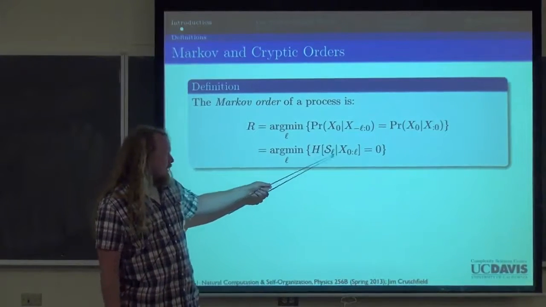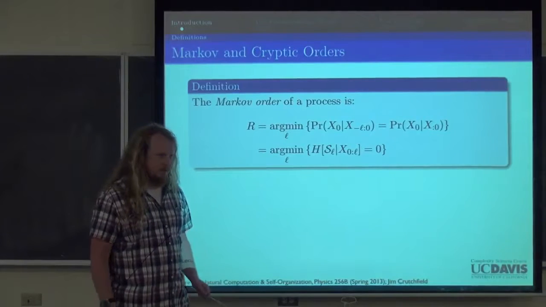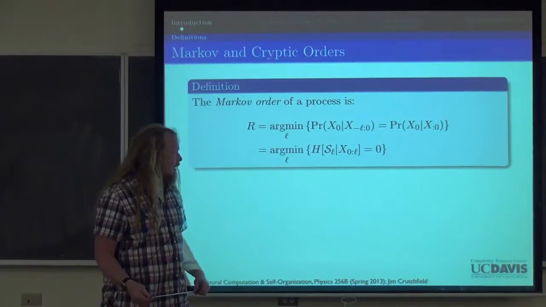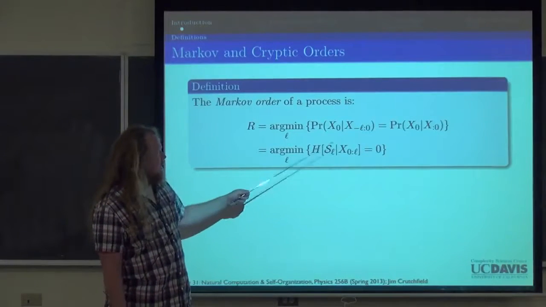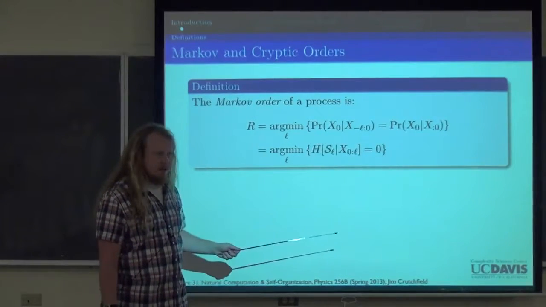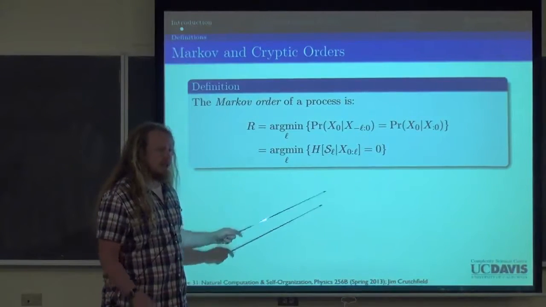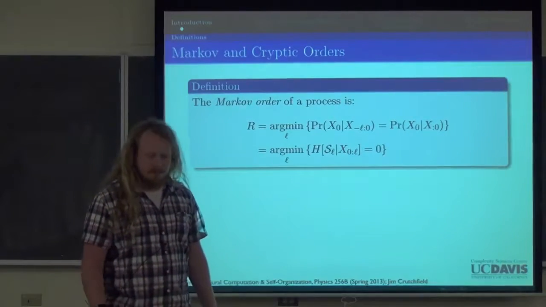Knowing exactly because the entropy is 0. Yeah? So why is it X from 0 to L instead of -L to 0? So because these processes are stationary, we can shift the index we call 0 anywhere we want. And writing it this way will make more sense when we define the cryptic order. So I shifted it over.